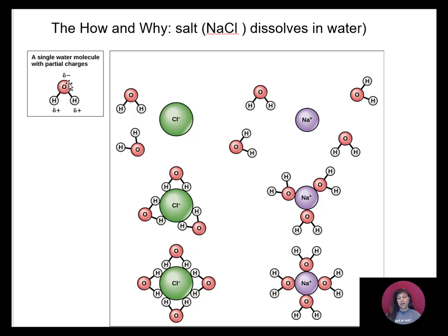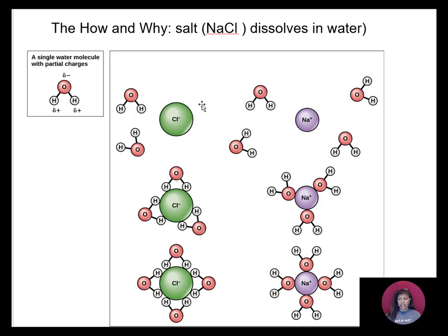And that's going to give the oxygen more of a negative charge. And at the same time, because the electrons are spending more of their time with oxygen, that's going to give the hydrogens more of a positive charge. And so that gives this molecule polarity, right? And that's really important because it gives water very unique properties.